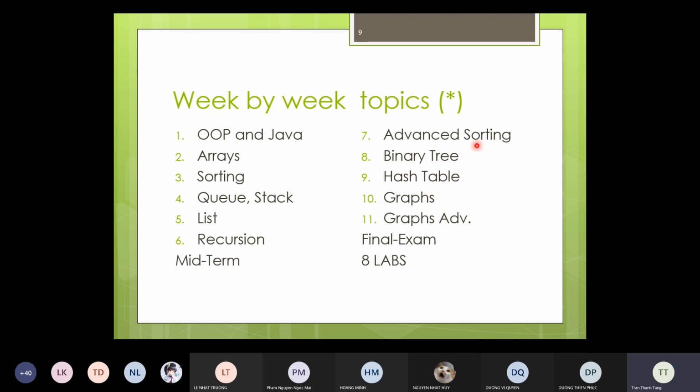Most of the time I will have exercises or questions on all of these topics: sorting, binary tree, hash table, graph, representation of the graph in memory, graph algorithms, shortest paths, strongly connected components, BFS, DFS, and things like that. So that will be the exam, this part.